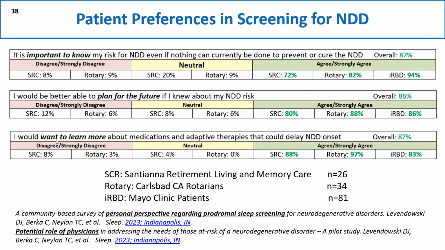There was a strong need and interest in wanting to learn more about medications and adaptive therapies that could delay the neurodegenerative disorder onset. So we believe that there's an opportunity here for sleep medicine professionals to get in, to help, to coach, and also to reduce some of the anxiety that can occur from being diagnosed with the prodromal marker and not knowing when onset might occur.